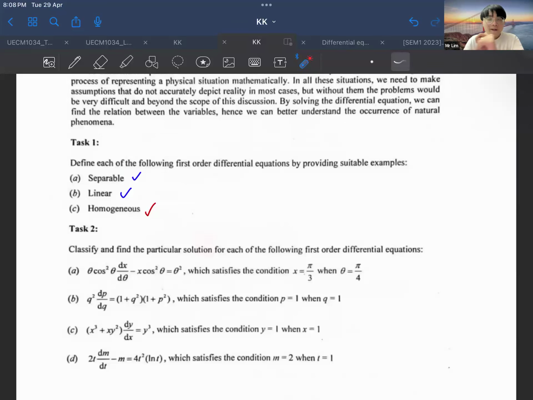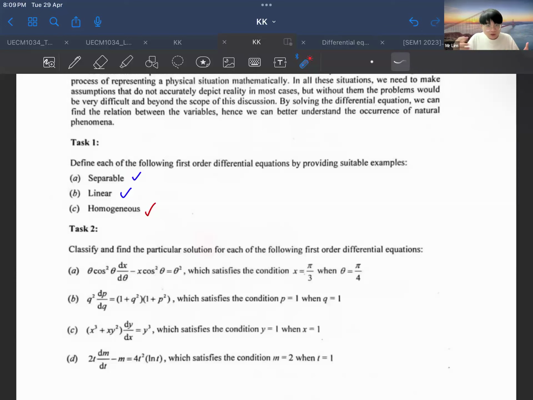First of all, I have to explain my way of explaining. I don't wish to give you all the details. For example, if I want to define what a homogeneous DE, differential equation, is, I'm not going to give you the full sentence, but I'm going to give you the key idea, because I don't want all of you that listen to this discussion to write the same thing.